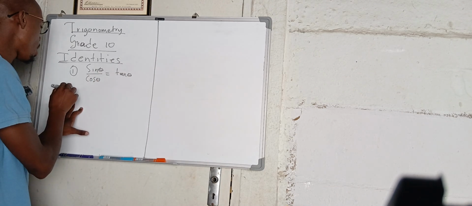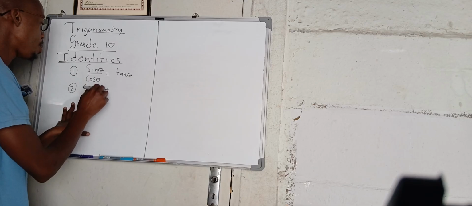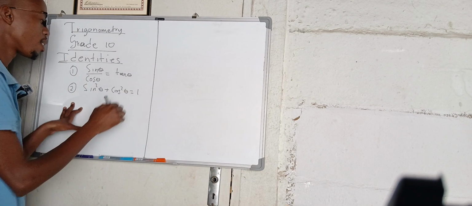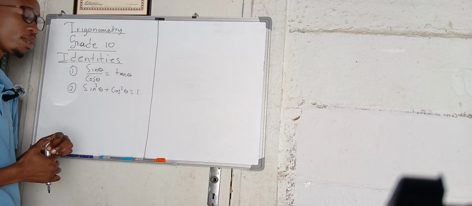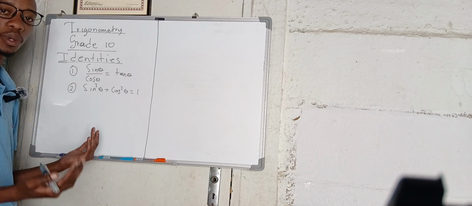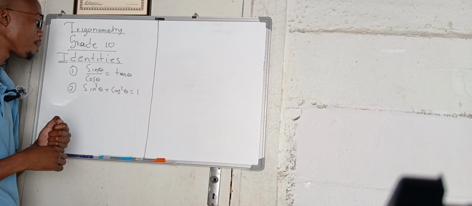The second identity is sine squared theta plus cos squared theta equals 1. Someone can say I'm starting this topic in an unconventional way. We are basically going to cover everything. You will see as we get to the point.